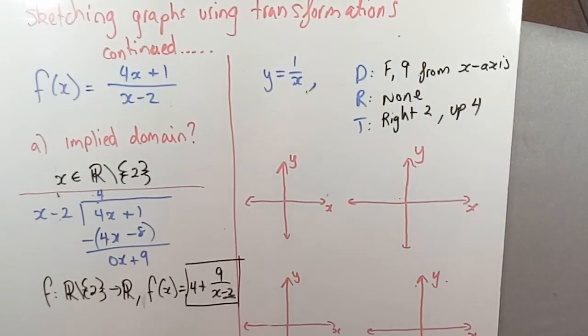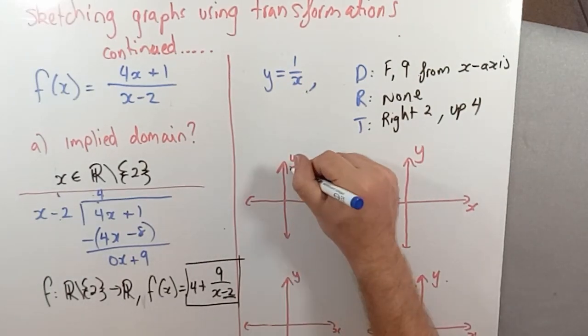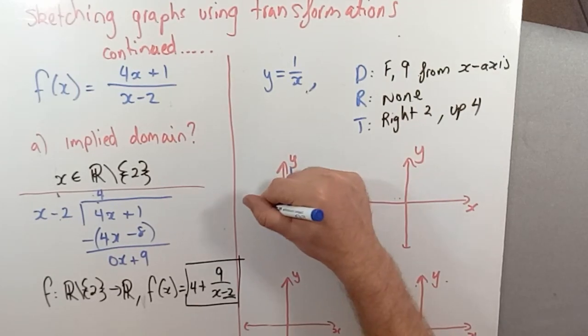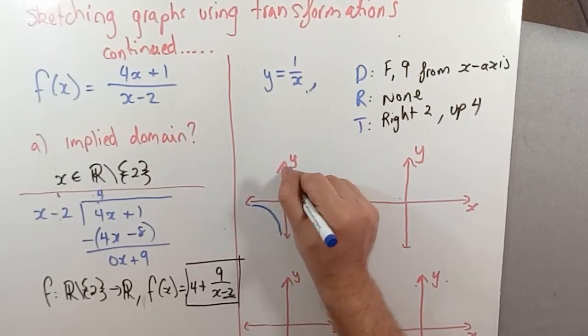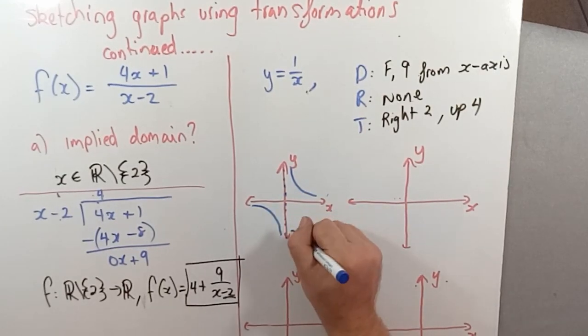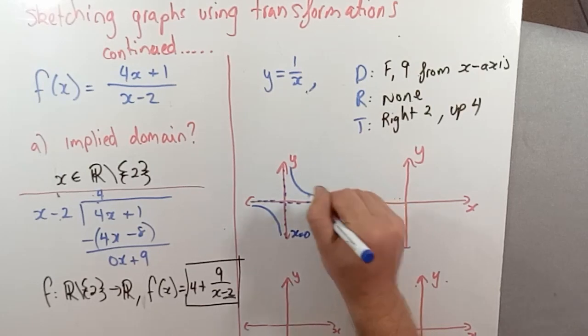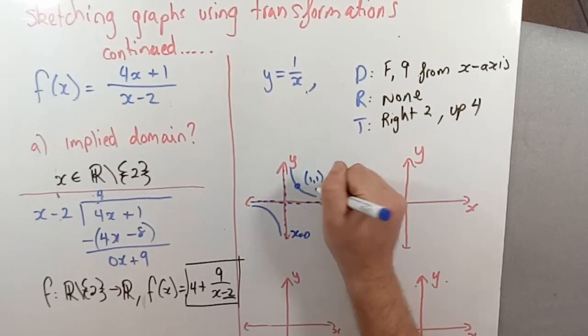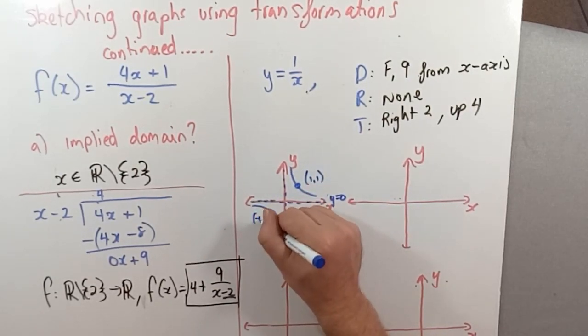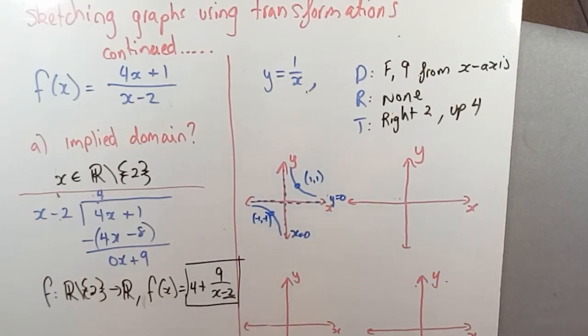So I'll just start with a sketch of this, and then we'll work our way through. Let's sketch 1 on x. Now 1 on x looks like this. Remember the asymptotes: x equals 0 and y equals 0. It's going to go through (1, 1) and (-1, -1). Then it's going to stretch out by a factor of 9.